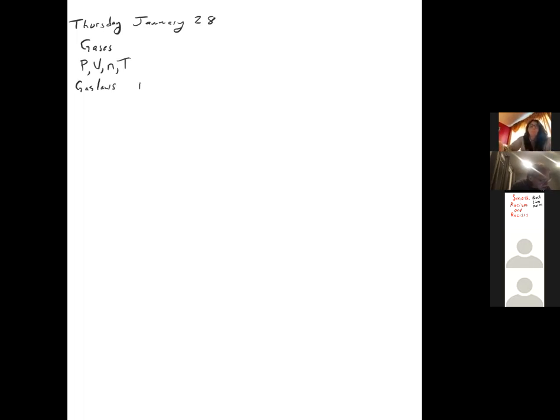There was pressure volume, there was volume temperature, there was volume moles, and then there was the ideal gas law. And then we said, hey, you can even take the ideal gas law and turn it into a density equation.